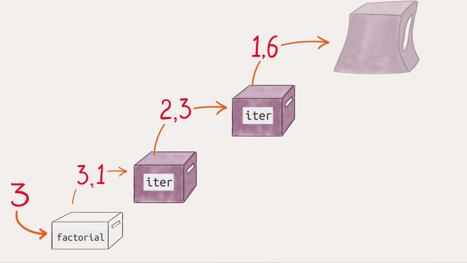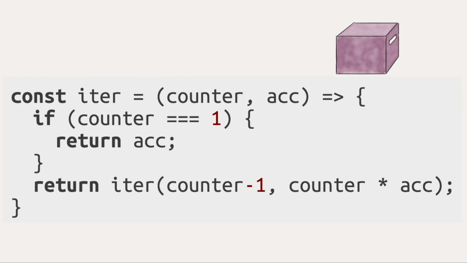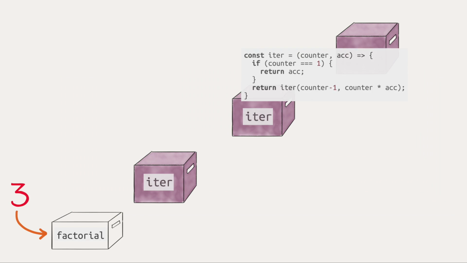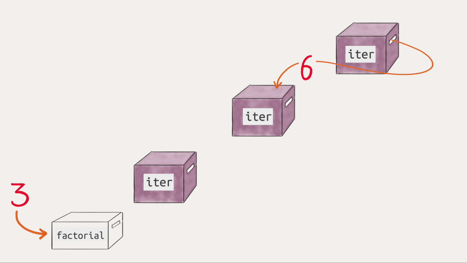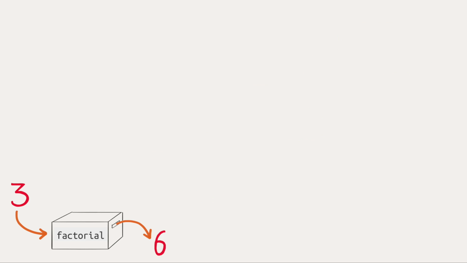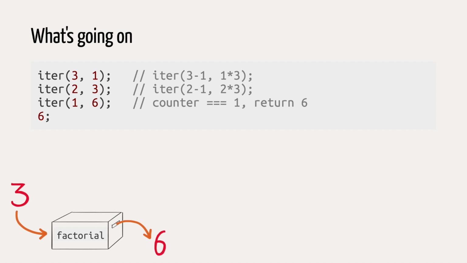A new iter box is created. It accepts 1 and 6. Now the condition is satisfied, so this box just returns the accumulator, number 6. Then this 6 just trickles down to the first iter box, then to the factorial box, and then it's returned as the answer. This is how computations look step by step.